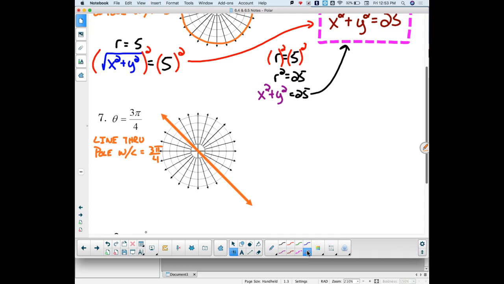So I need a line to go on top of that. Through what now? Through the origin with a slope of what? What would my slope be?